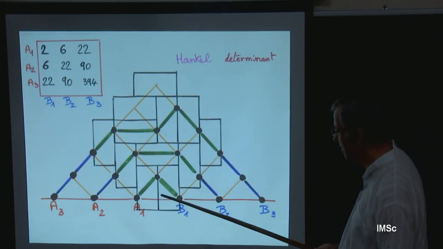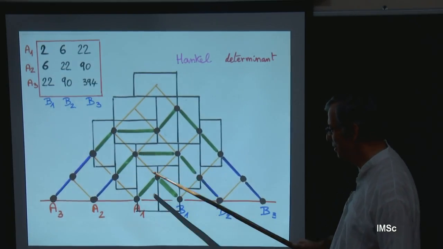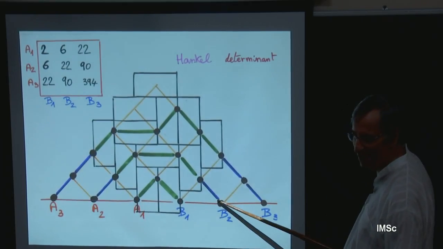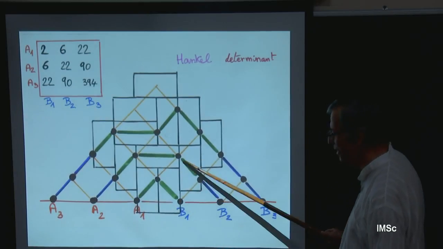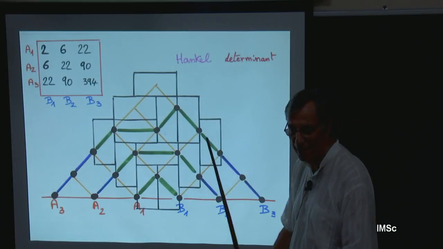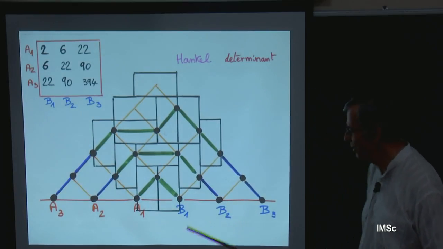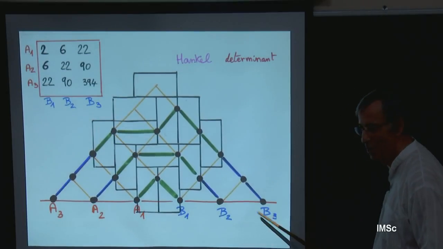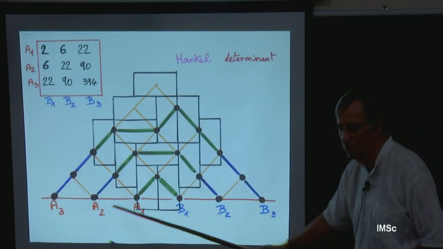The length is because if I take the length of this, it's 5 as a path, but if I take the length of this, it's going to be 6. So S_n is not counting the number of Schroeder paths of length n, it's counting the number of Schroeder paths going from 0,0 to n.